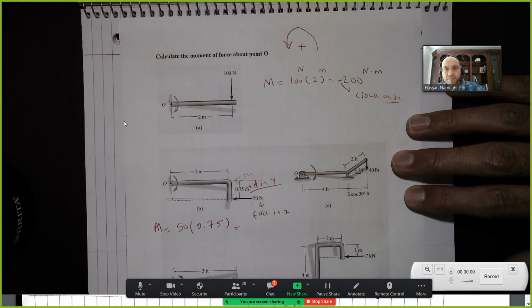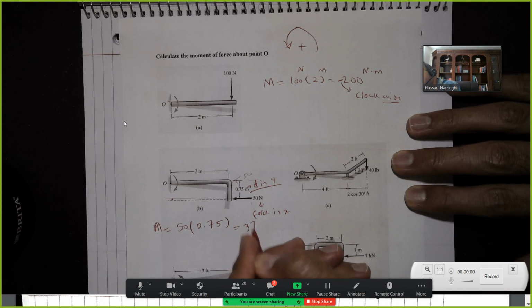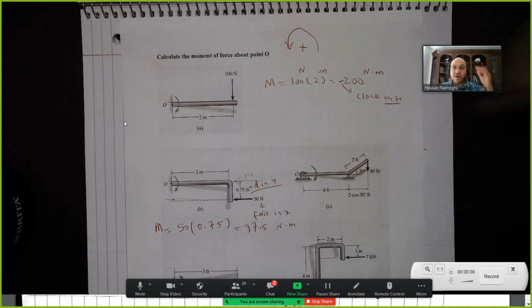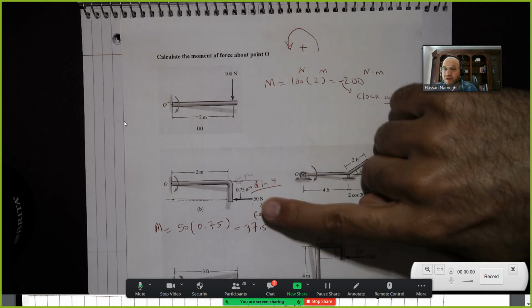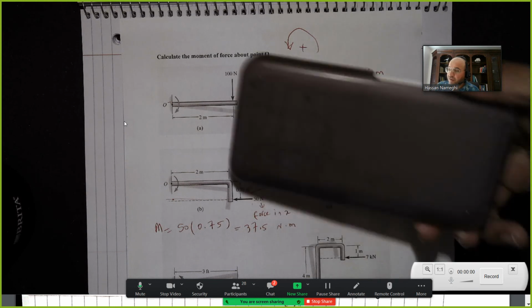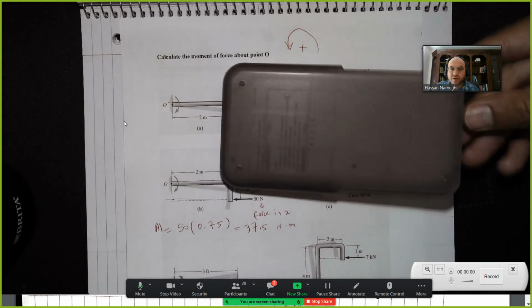How much is that? 37.5. Is this clockwise or counterclockwise? Again, I have to use my imagination. If I apply the force there, does it rotate clockwise or counterclockwise? In order to show the concept to you, I'm going to use my calculator.